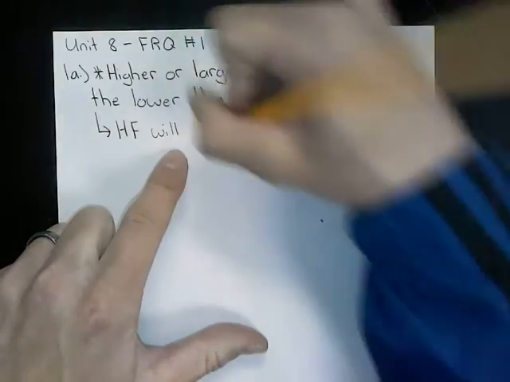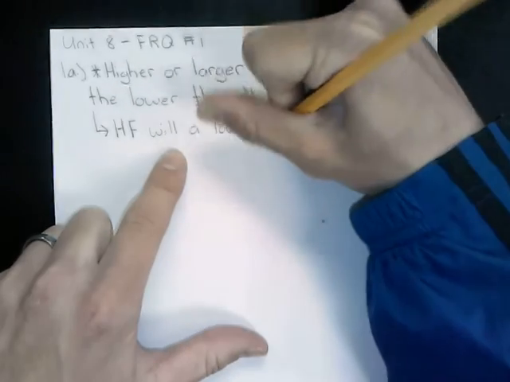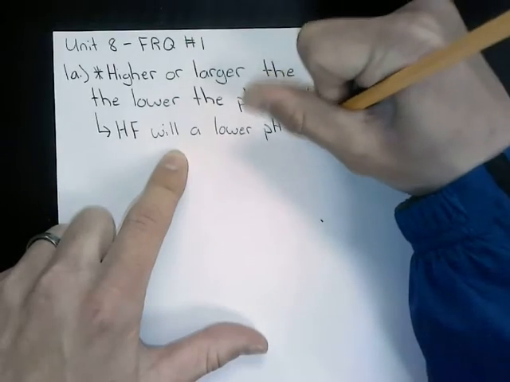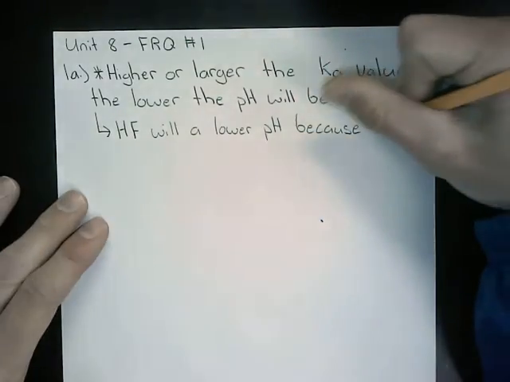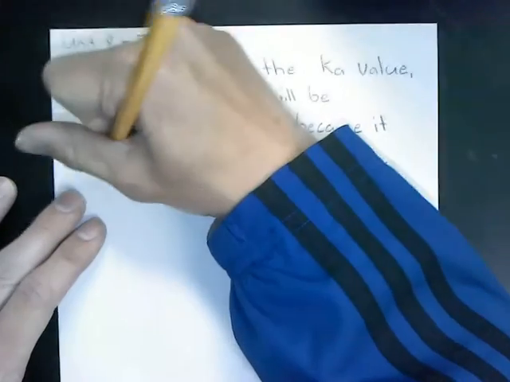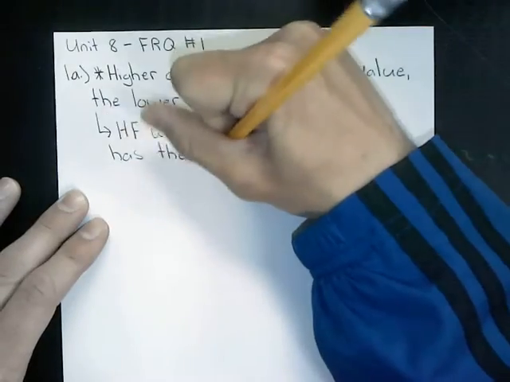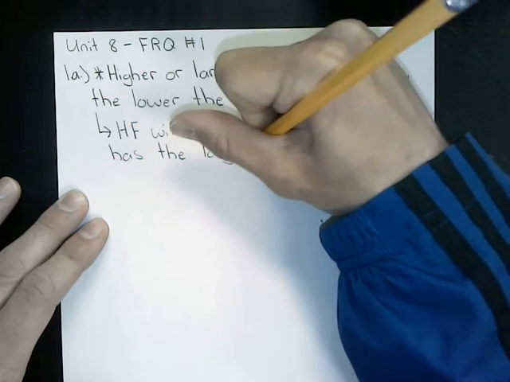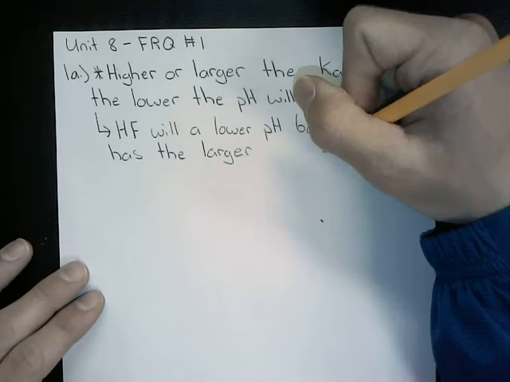So HF will have a lower pH because it has the larger Ka. Okay, so your Ka can be correlated to pH in our weak acids.